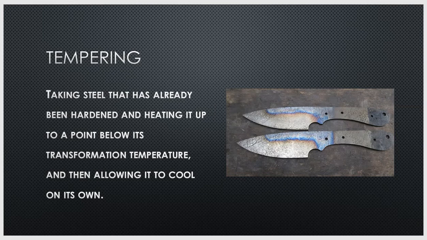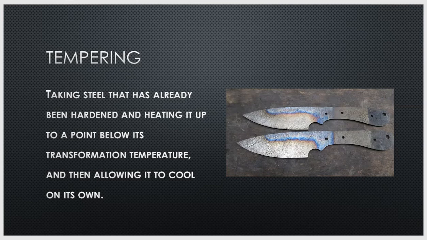You don't want to be bending this piece of metal and next thing you know, it breaks. So by tempering a piece of metal, you're softening it up so you can get some of that ductility back. You can reduce the brittleness, but still maintain your hardness.